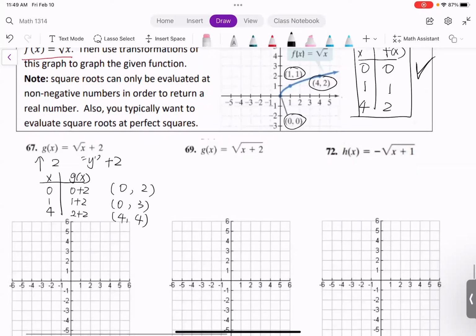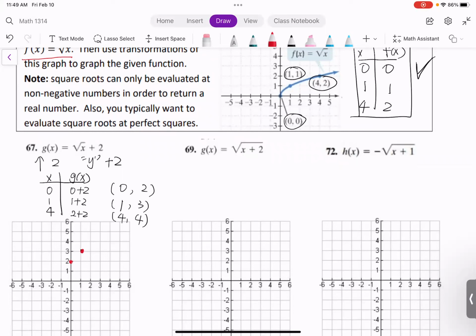Let's plot the points. Use different colors. 0, 2 here. 0, 3. Oh, here is the mistake. Here shouldn't be 0. Here is 1 because the x doesn't change. Second key point is 1, 3.